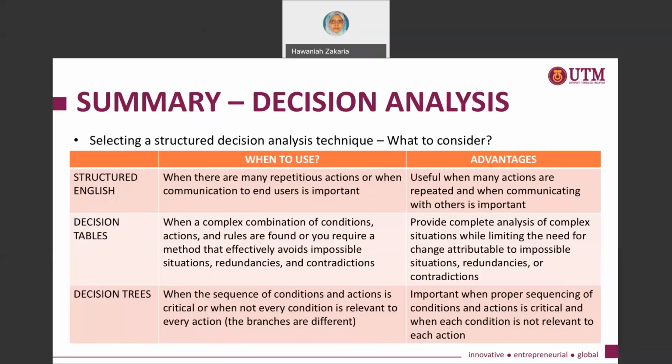A decision table can be used especially when there is no proper sequence of these conditions, meaning that you don't need to start with one specific condition before you move on and combine with the second, the third condition. So if you have a sequence situation, use a decision tree. Otherwise, you may use decision tables.